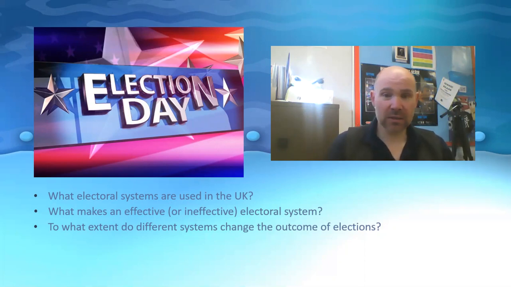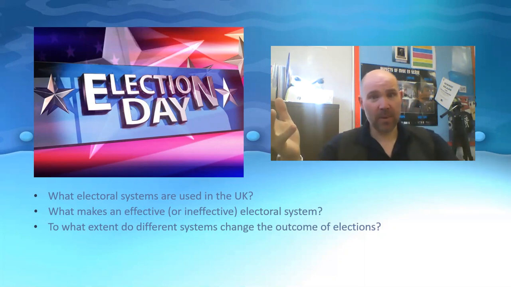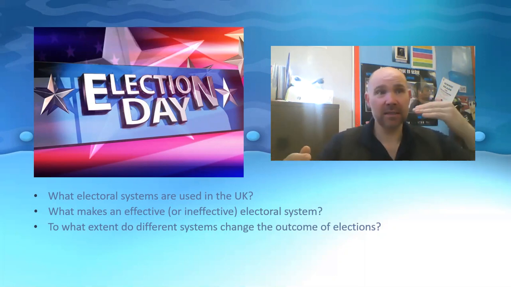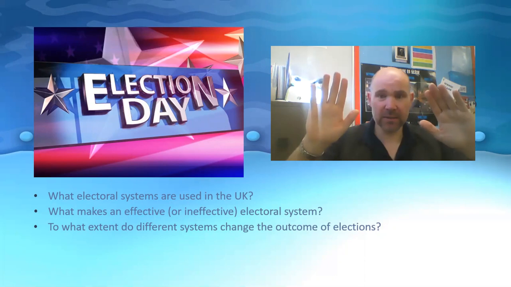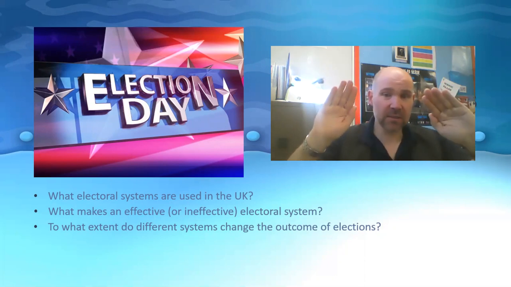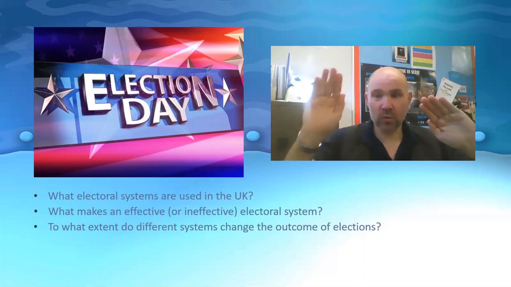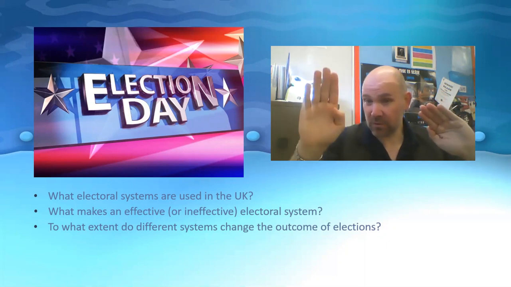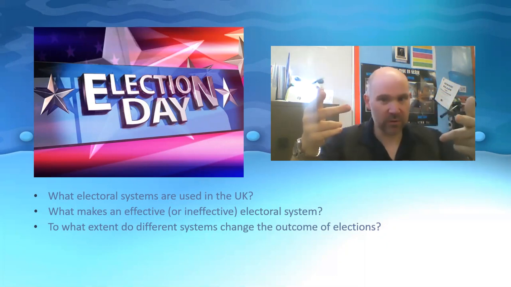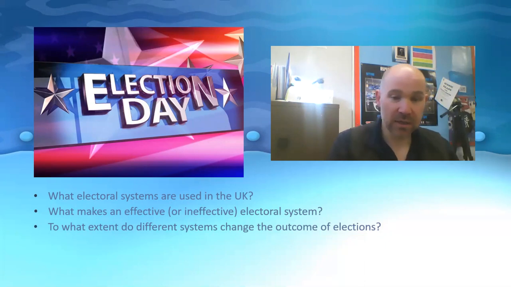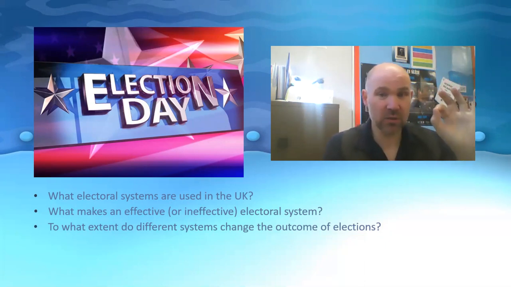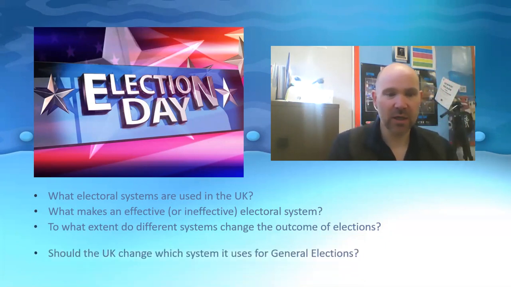And if you want to look at an example of where a different electoral system could have produced a different winner, we can go over to America, and we can go back to 2016, Donald Trump versus Hillary Clinton. If they had a different system for that election, Hillary Clinton would have won, because she actually got more votes. She didn't win because of the electoral system, but she did get more votes. So it matters. The system that is used matters, and it can change the result.